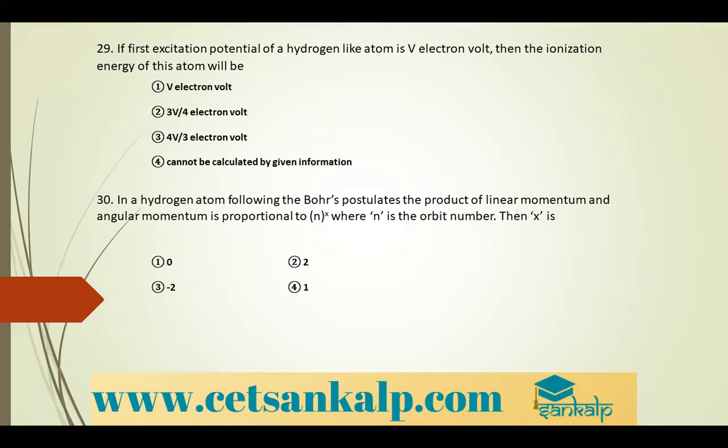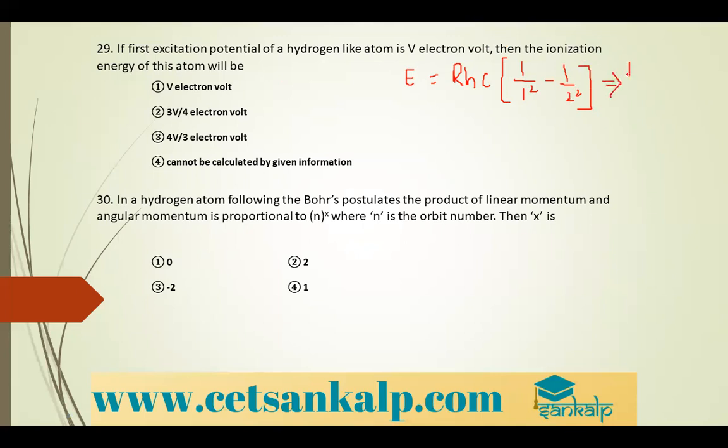The first excited energy is given as RHC times (1 by 1 square minus 1 by 2 square).